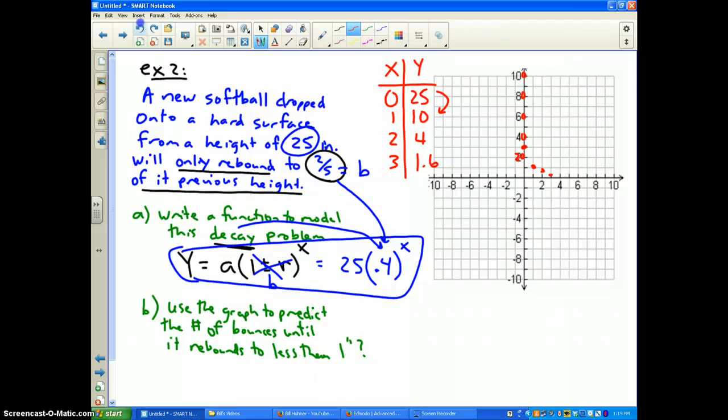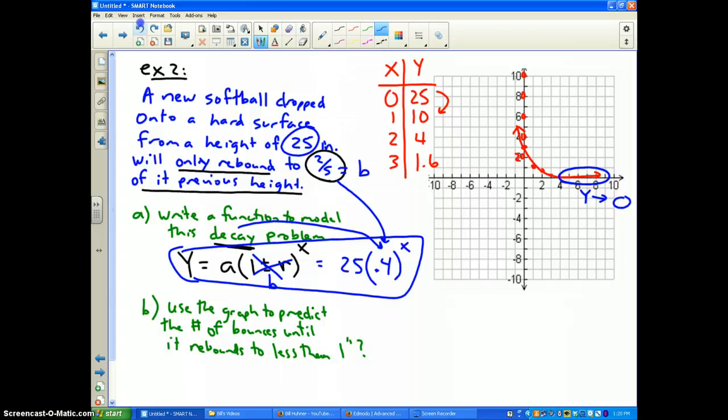And as you can see, our graph is modeling a decay problem. Now, technically, will the ball ever stop bouncing? The answer is no. It really technically never stops bouncing, but it always gets closer and closer. The y value is getting closer and closer to 0.